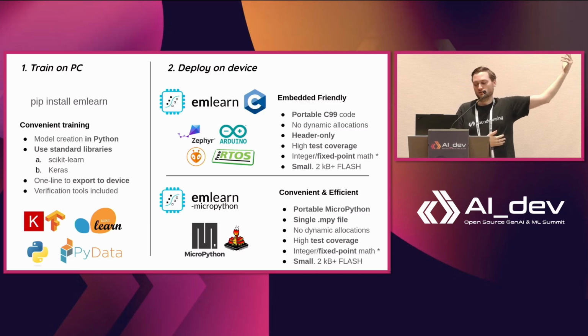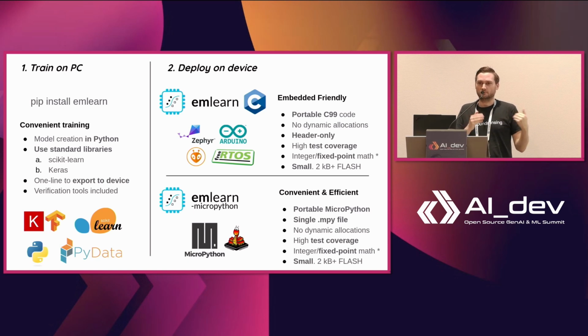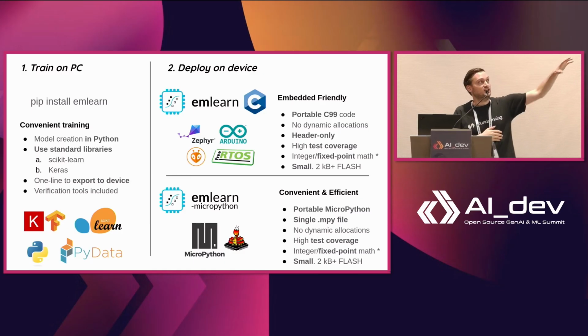So how it will work, you train your models in very much the standard way, as in any machine learning project, using a standard library such as scikit-learn, Keras, etc. And then emlearn provides a one-liner to export this into an optimized C model that can go on device, including some validation tools, because we're doing conversion and you want to make sure that your model is still correct. And then there is the other side that gets deployed onto the device.